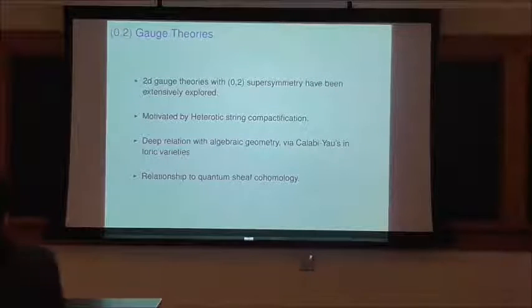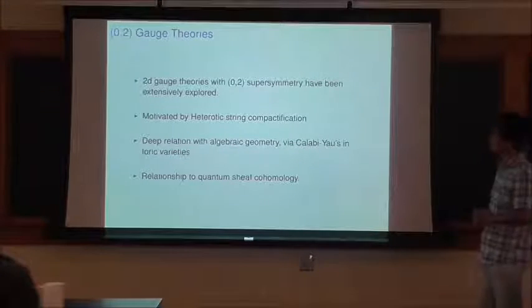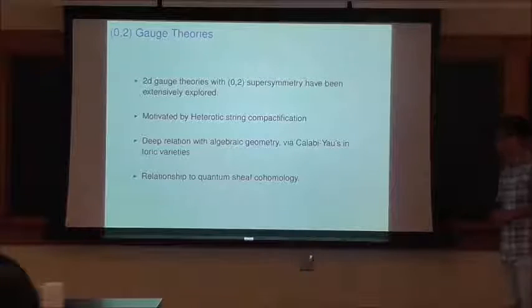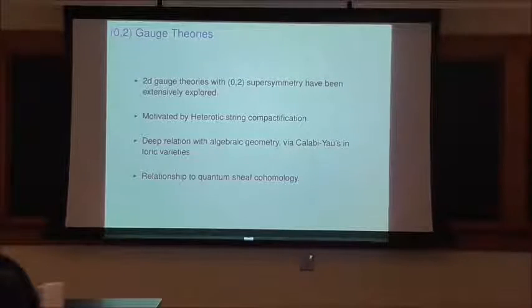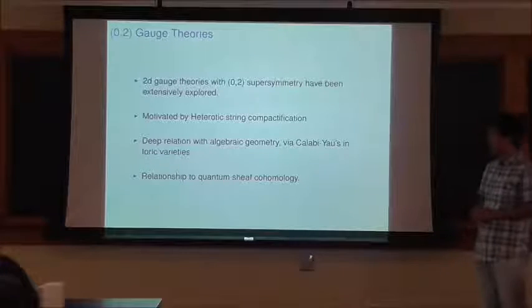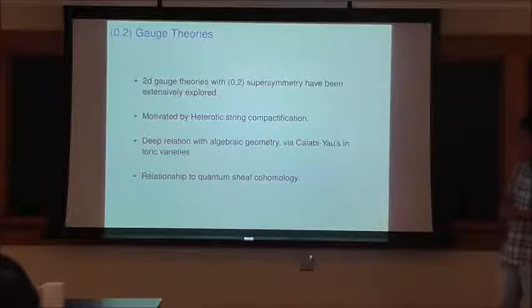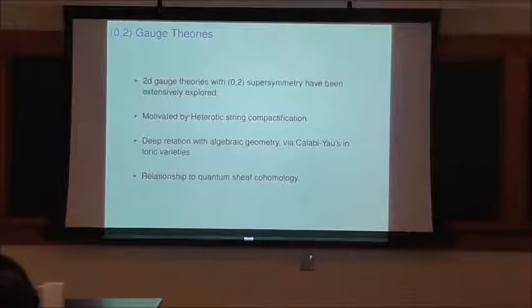And analogously for 0,2 theories, you can define what's called quantum sheaf cohomology. But unfortunately, there isn't a general definition for any Calabi-Yau manifold and any bundles over them for this quantum sheaf cohomology. So far, the mathematically rigorous definition is done for deformations of tangent bundles of toric varieties.